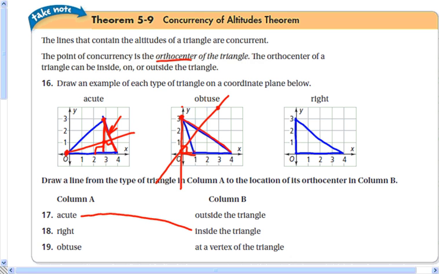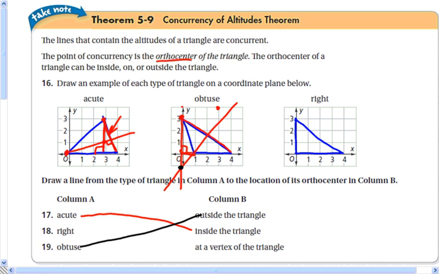Oops, I need to move that line over just a little bit and go through the vertex there. There, now it goes through the vertex. And we can see that where those meet is outside, so the orthocenter of an obtuse triangle is outside.